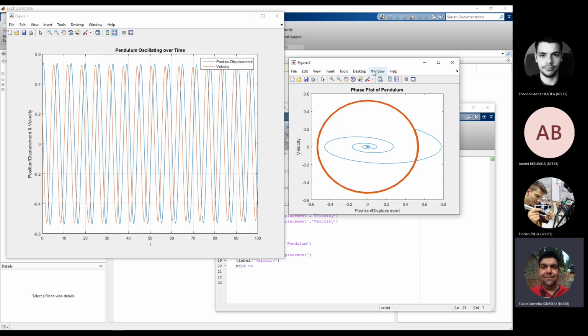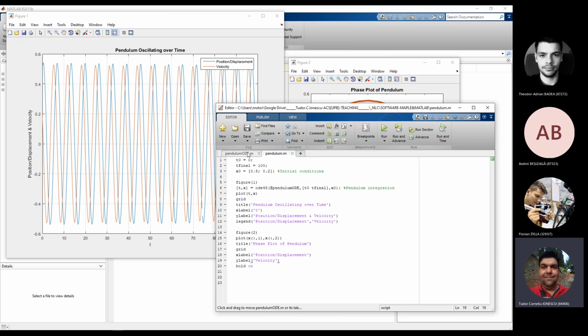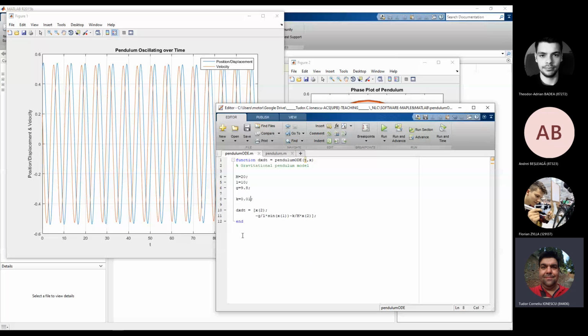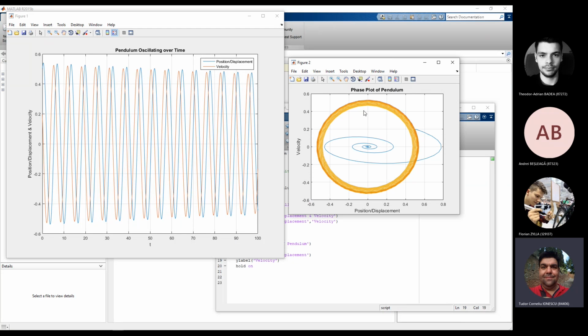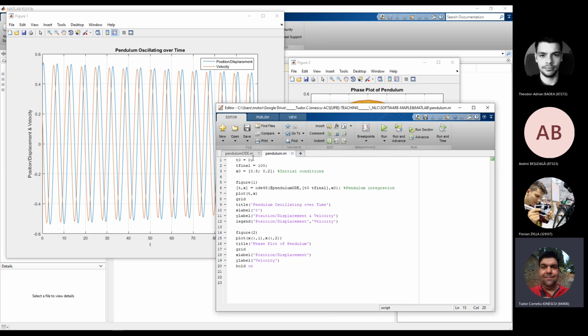You would be tempted to say this is a limit cycle, but it is not, because this is not structurally stable. Why? Because if I change this to 0.5 and run, you see, it's dying out. It slowly becomes a focus point.